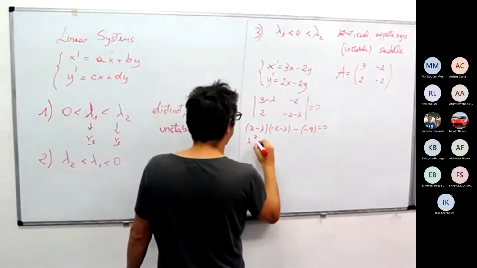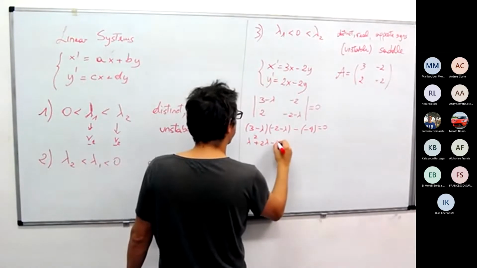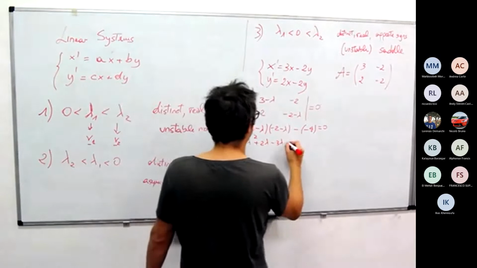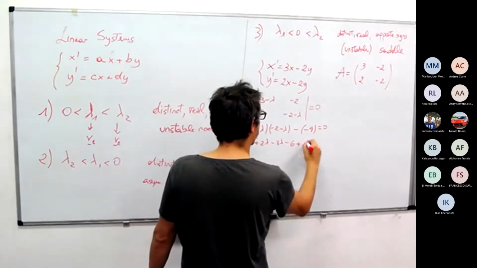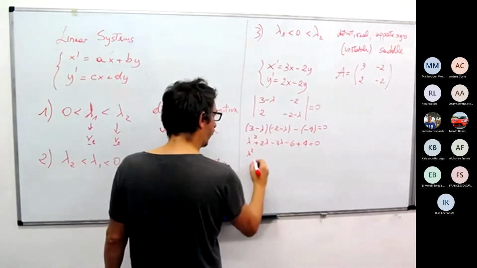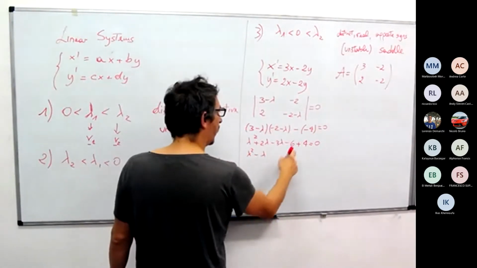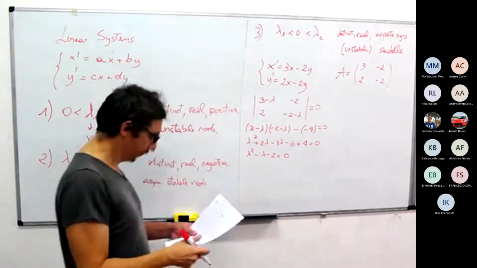And then plus 2 lambda minus 3 lambda minus 6 plus 4 equal to 0. So it's lambda squared minus lambda minus 2 equal to 0.